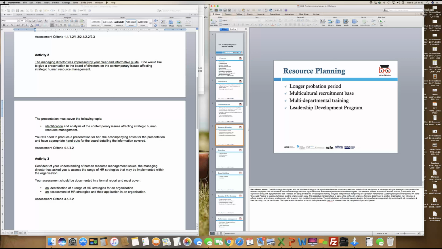So here, the basic assumption is that when you look at issues which are related to employment, things like if you have a CEO or somebody in the top management, like a director or vice president being appointed, they will normally have a long probation period. That means their trial period is much longer than what it is for a receptionist or a junior management or a middle manager.